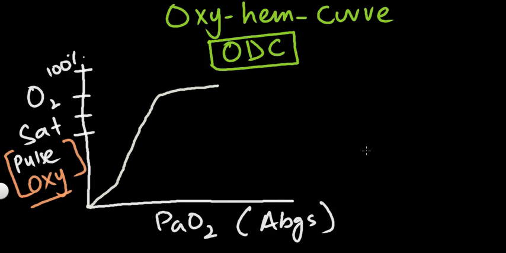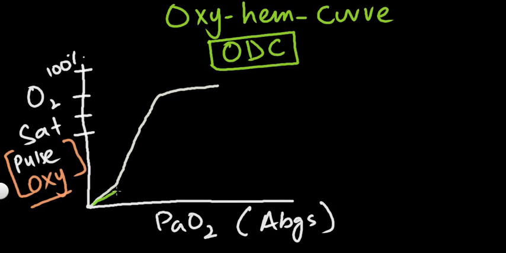This is your normal level. Now let us look at what will happen if this curve shifts towards the right side, or we can say that it becomes the Bohr's effect, whatever you can call it.